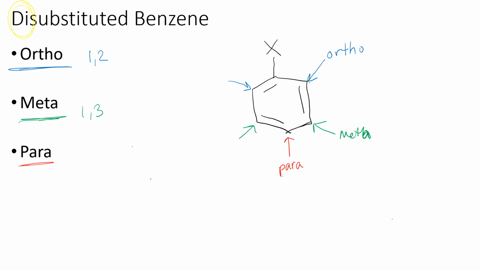There is only one para position, and this is the 1-4 relationship in a disubstituted benzene. So when you are naming, you can either use 1-2, 1-3, or 1-4, or you can use the prefixes ortho, meta, and para. You would not use both of them. You would use one or the other.